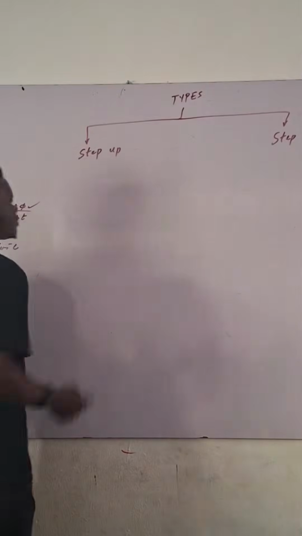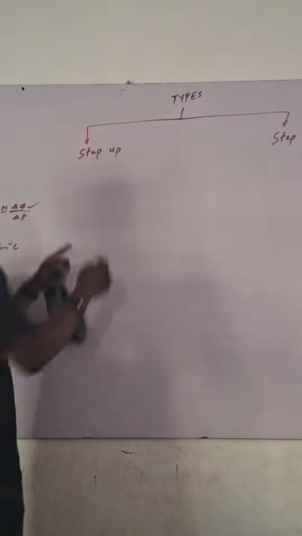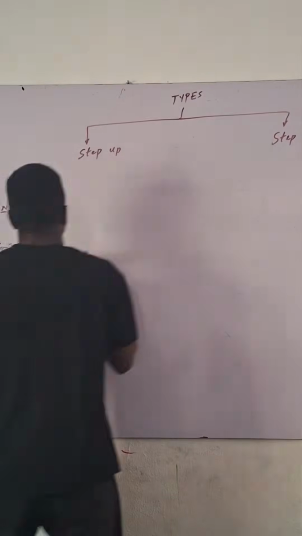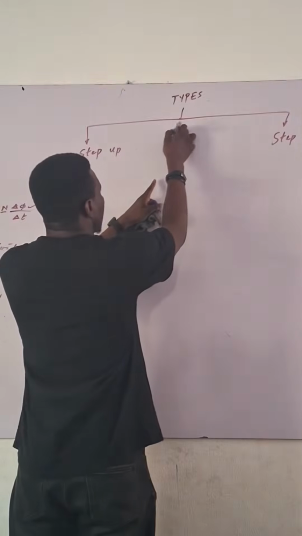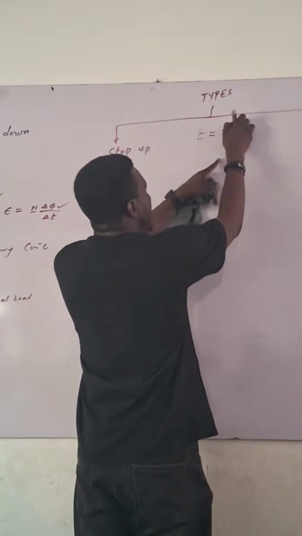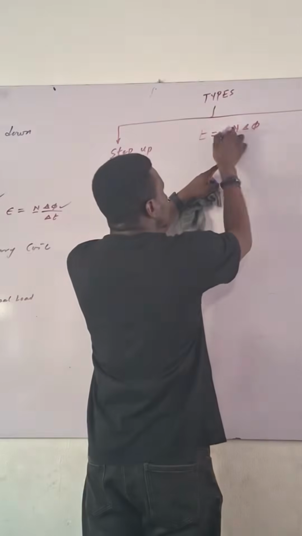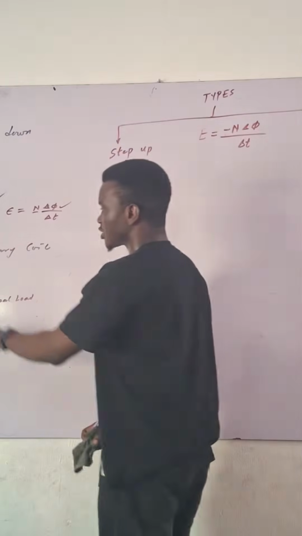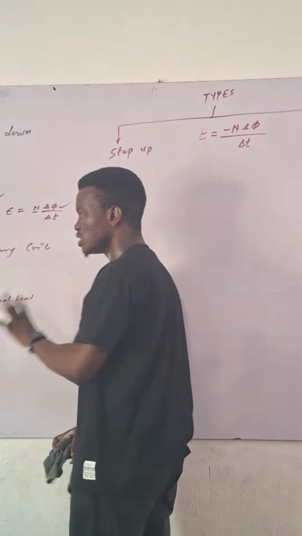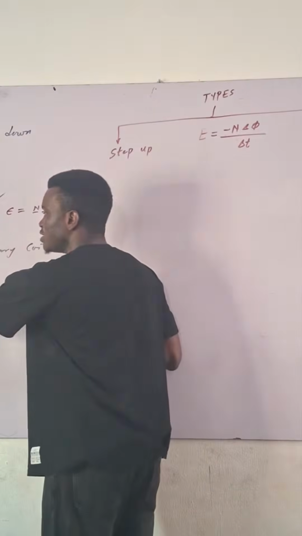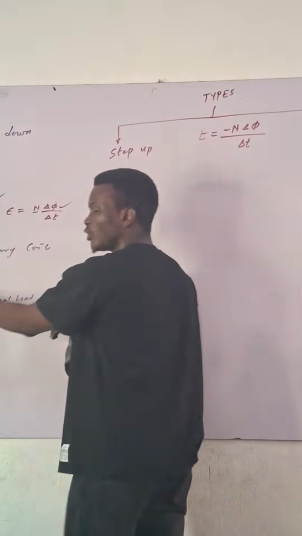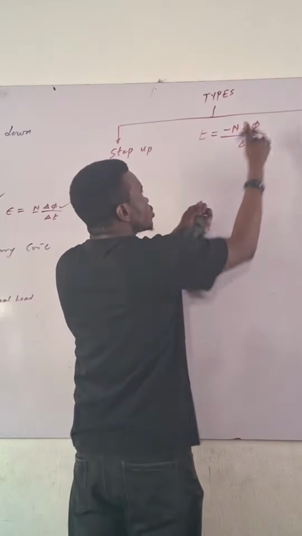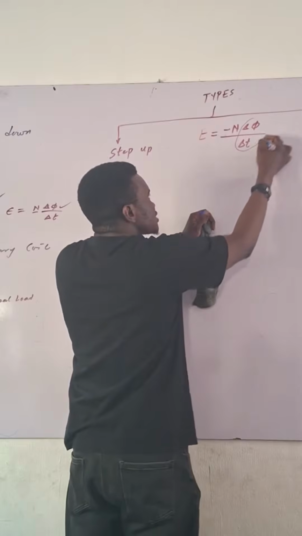So step up, step down, the difference is this. If you want to step up, there's one important formula: E is equal to N dφ/dt. But from the transformer design, we have made something important. The flux that is leaving this place is the same flux that is entering this place. So the flux is held constant.